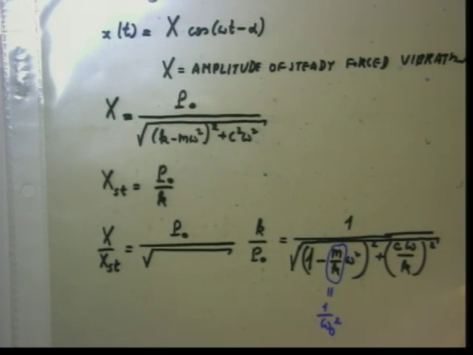We don't want this P sub 0. Then there is a 1. Now this guy is divided by K, so instead of K, I get 1 minus m over K, which is 1 over omega sub 0 squared, times omega squared, plus c omega over K squared.